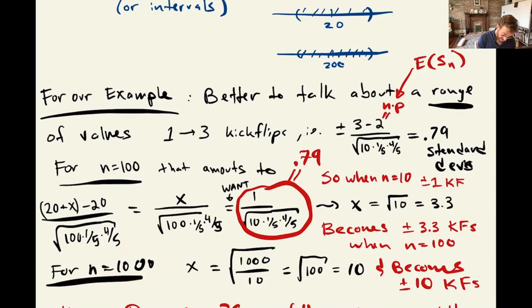And 1 standard deviation in this case corresponds to 10, because the ratio of 0.79 standard deviations for 1,000 tries ends up working out to being plus or minus 10 kickflips. So you'll see we went from 1 when n equals 10 to 10 when n was equal to 1,000.